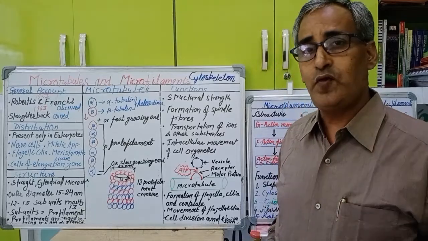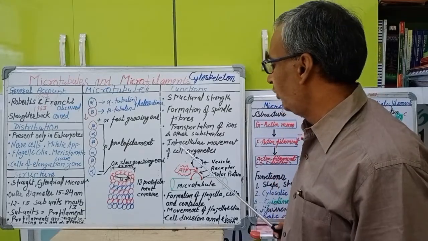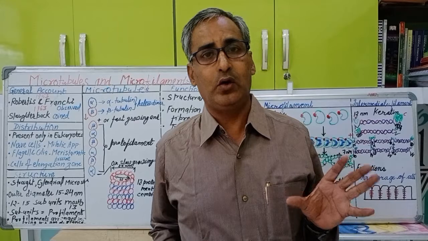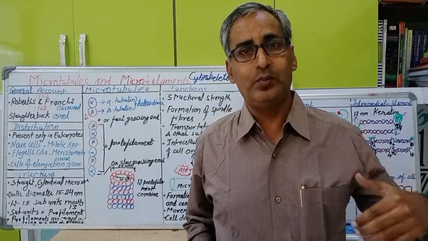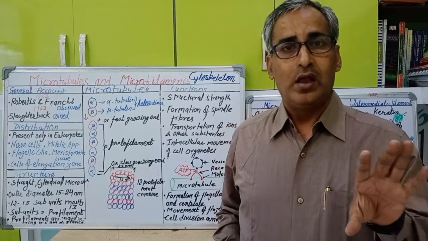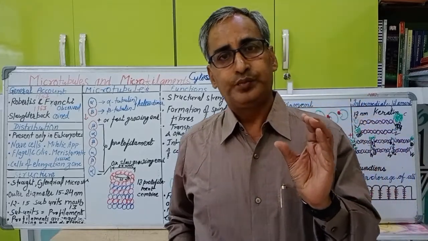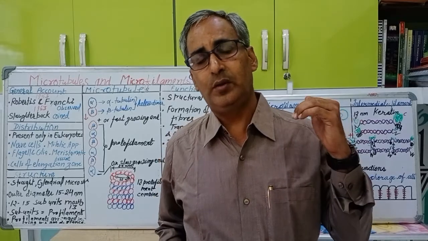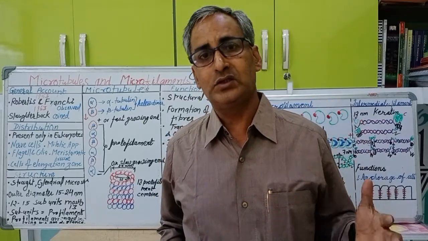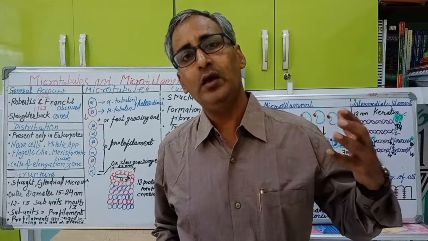Another important function of microtubule is the movement of cell organelles. The cell organelles cannot freely move from one place to another, but there are some channels present in the cells, and on these determined specific paths the cellular organelles can move.